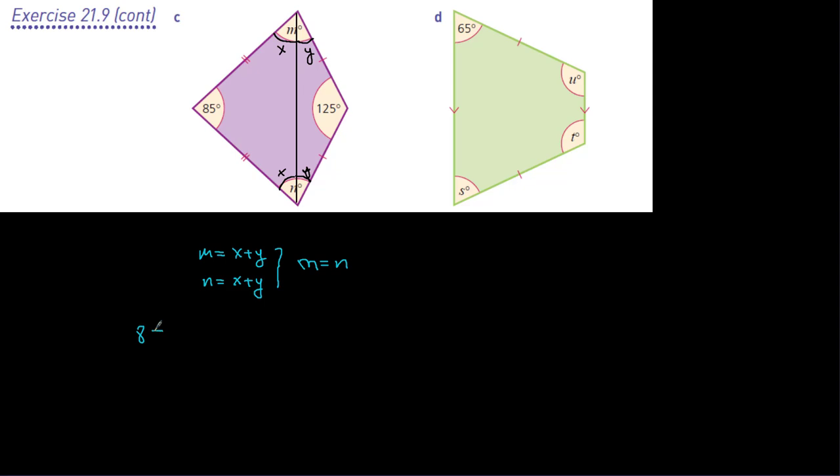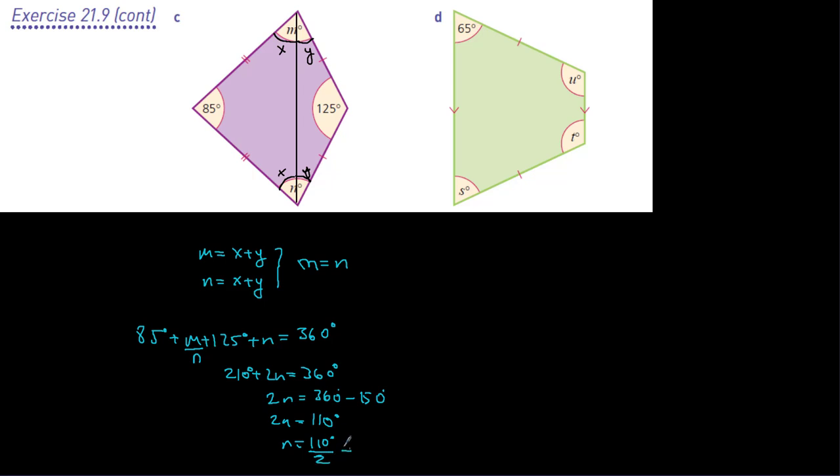Okay, then 85 plus m plus 125 plus n, it should be equal to 360 degree, which means that here 85 plus 125, m is equal to n, so I can write here n also, which means 210 degree plus 2n is equal to 360 degree. 2n is equal to 360 minus 150. 2n is equal to 110 degree, and n is equal to 110 divided by 2, which is equal to 55.